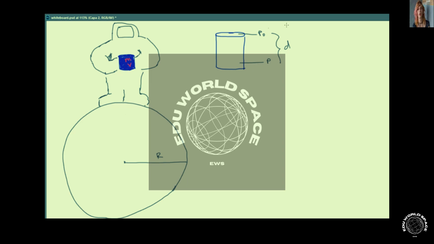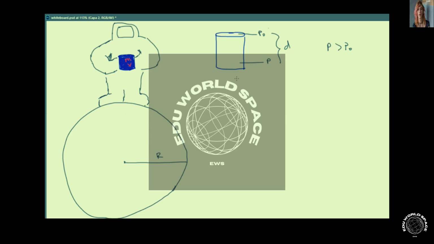When we go a depth D below the surface, we have another pressure P, greater than P0. And we want to determine the mass of the planet using this.